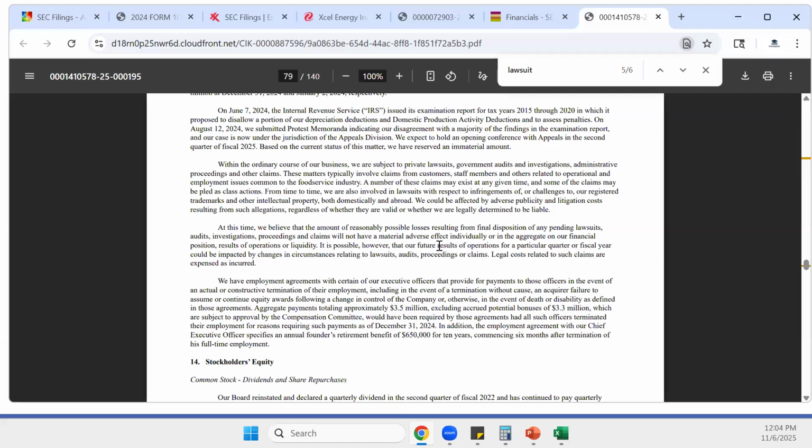So the founder of the Cheesecake Factory put into the policy that if he's fired, they have to pay him $650,000 every year for 10 years, even if he's fired. And that is fairly common for businesses if that happens, and that will be disclosed.